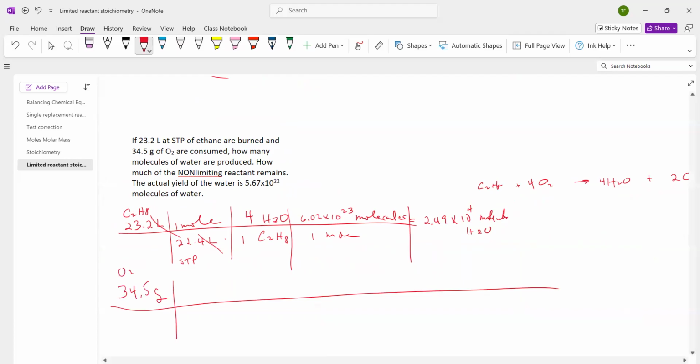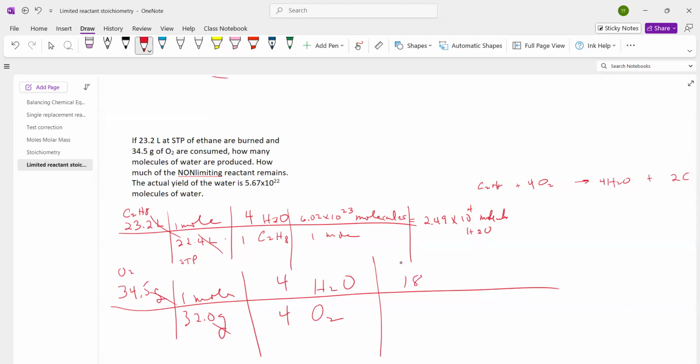And the molar mass for oxygen is oxygen gas, 32. And we want the ratio from the balanced equation. It's going to be 4 and 4.